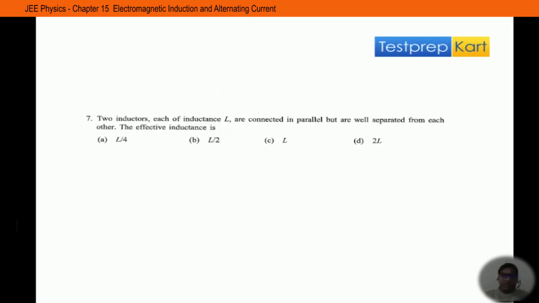Let's see next question. It is saying two inductors, each of inductance L, are connected in parallel, okay, but are well separated from each other. Then the effective inductance. So here we have parallel combination of two inductors.